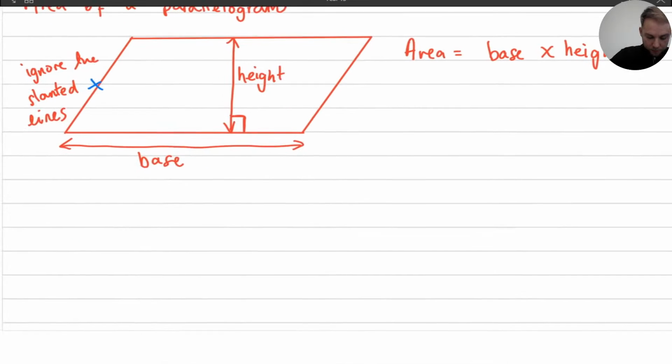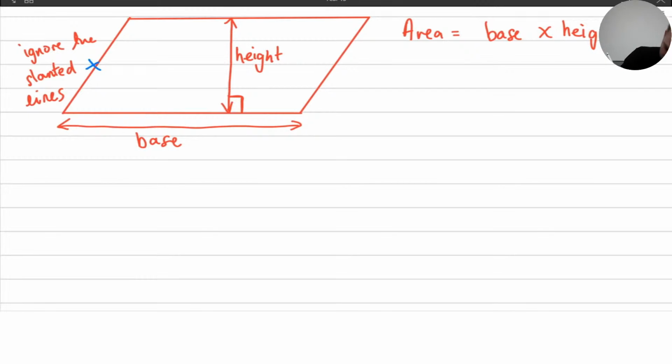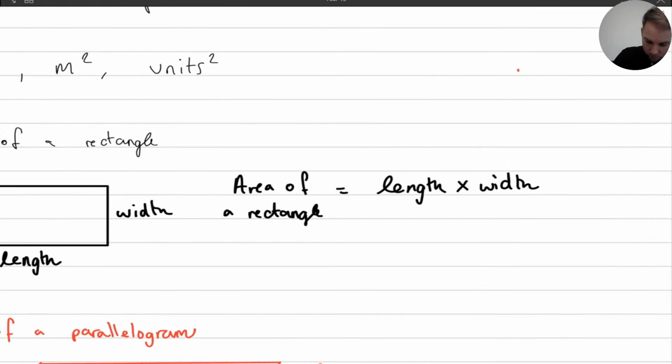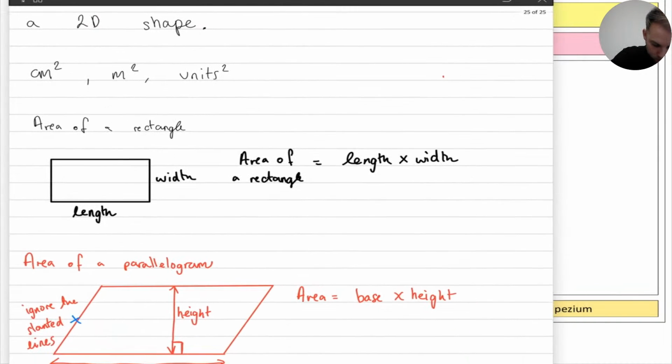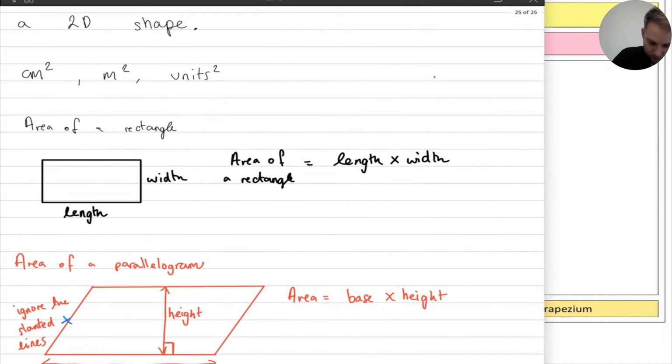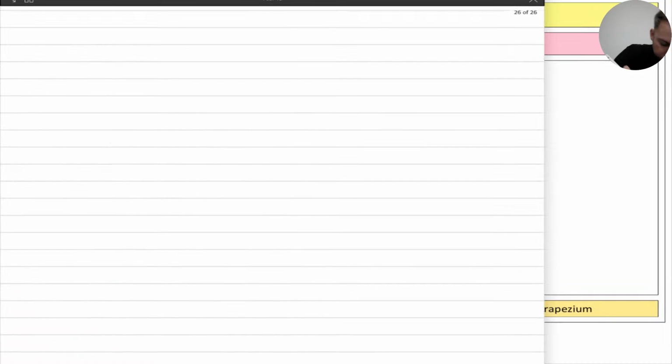So I'm going to move on to the next one, which is the area of a triangle. Harry, you okay?